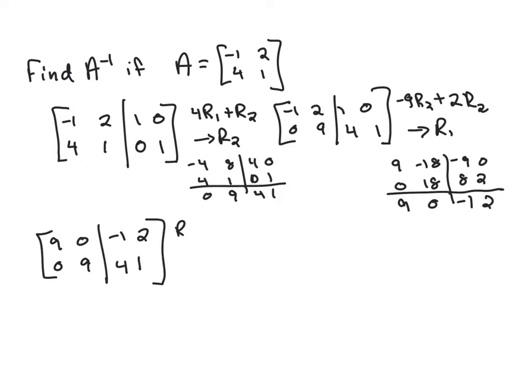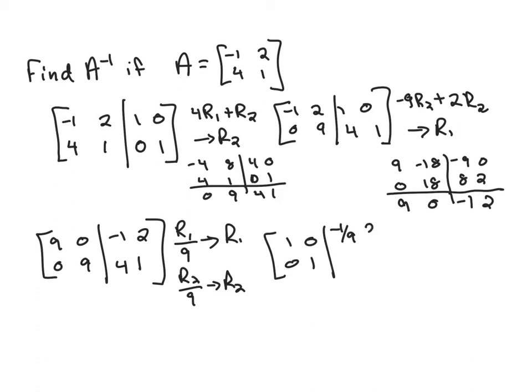And now I'm going to take row 1 divided by 9, replace row 1, row 2 divided by 9, replace row 2, and now I have the identity augmented with -1 over 9, 2 over 9, 4 over 9, and 1 over 9. And that is A inverse.